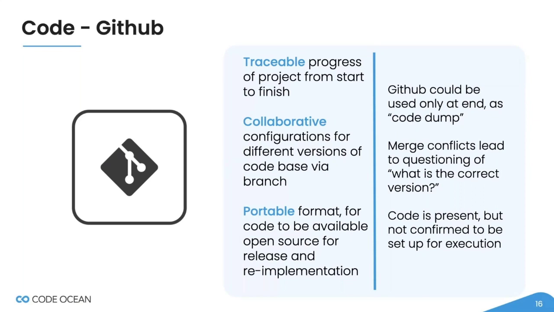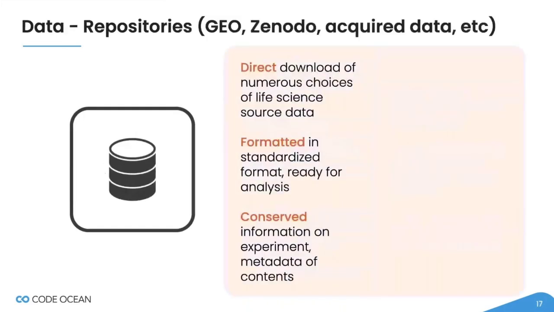And while GitHub is a very portable format to allow you to provide your entire code base for release and reimplementation, sometimes the code can be present, but it's not exactly confirmed to be set up for optimal execution. And lastly, when we look at data through life science repositories.